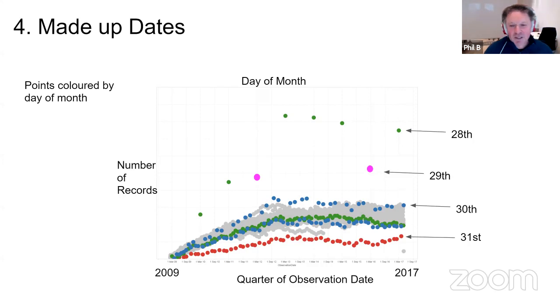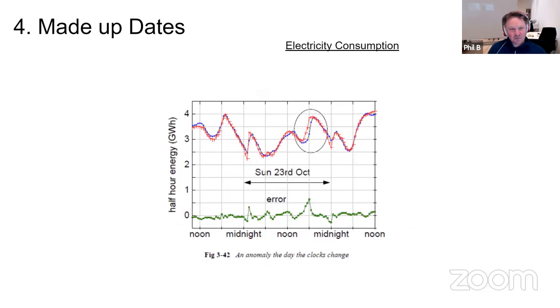It's just natural. The 28th and the 29th are leap years. So you'll see the big pink dots, the 29th, appears in 2012 and 2016. So my message there was, don't ever assume things. There can be a logical explanation for a lot of stuff.